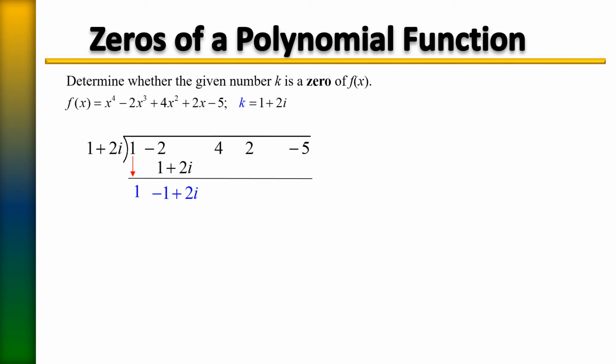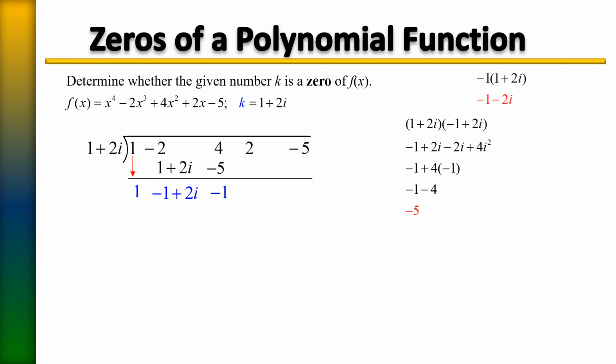inner, last, and that's going to give us -5. Combine these two together. I'm going to bring down -1, multiply that with my outer divisor to give me -1 minus 2i.